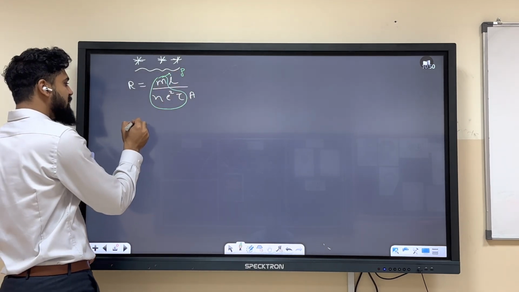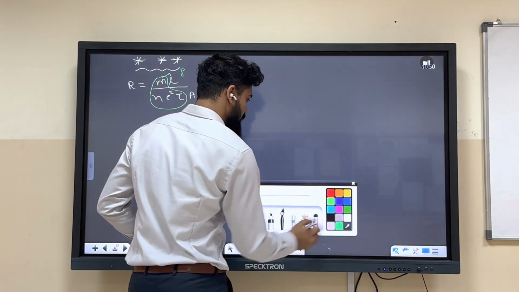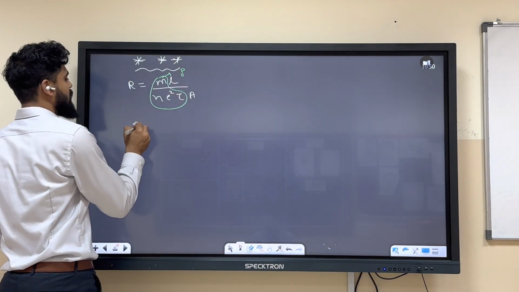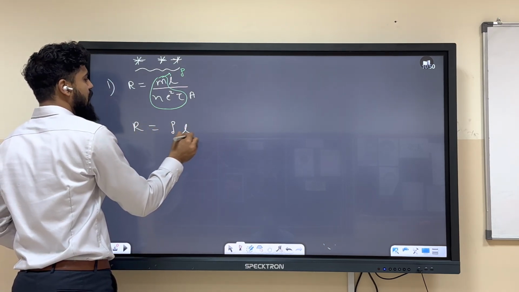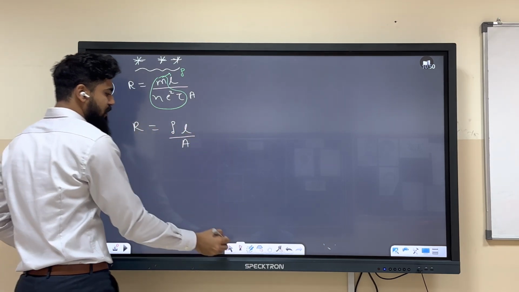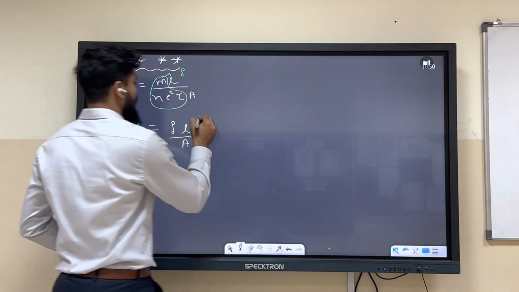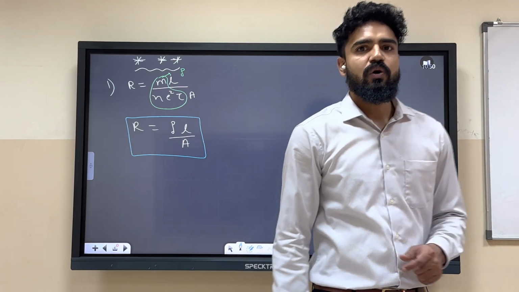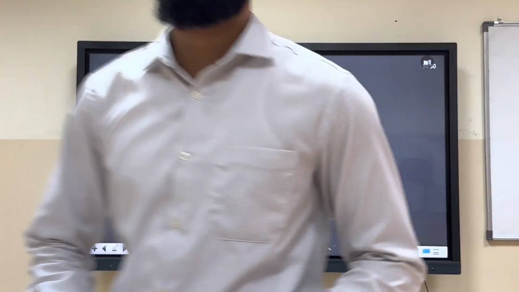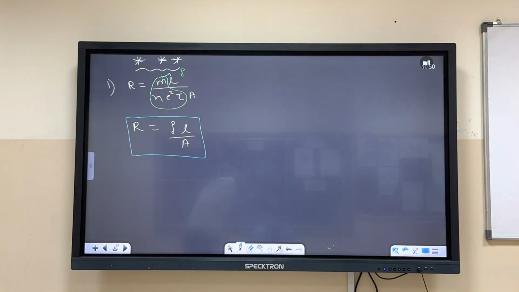So R comes out to be rho L upon A from this derivation. I hope now you are getting why we used to write R equals rho L by A in grade 10.